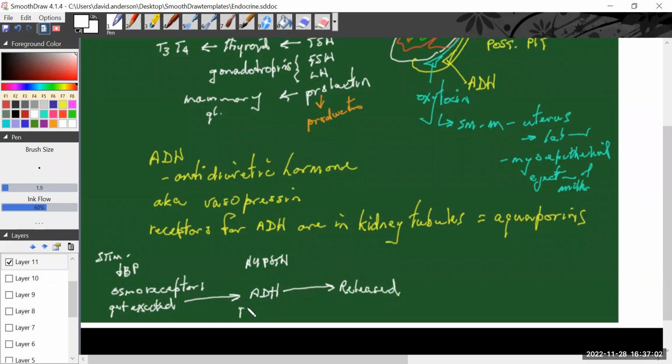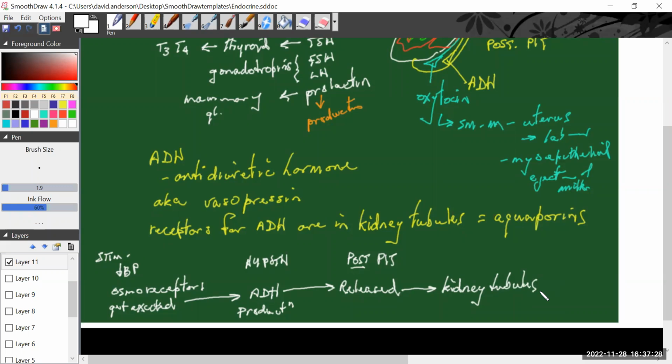So ADH production, but release is happening from the posterior pituitary gland. Targets: kidney tubules.